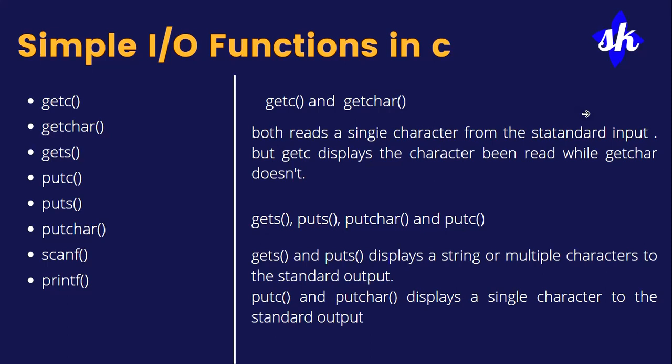You can actually use format specifiers with printf to display characters or strings, or even a combination of both. So gets gets a string from the standard input. Puts displays a string to the standard output.